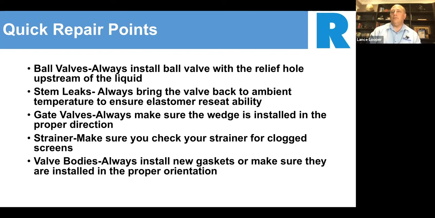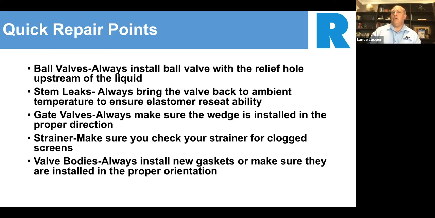Ball valves. Like I said earlier, it's super critical that we install these valves with the relief hole upstream of the liquid. Anytime you install a ball valve, you have to make sure that you have some type of relief port built into that ball. Not to come across as a bomb builder, but if you don't, the valve will explode. As the cryogen sits within that ball, it wants to get somewhere, and if it doesn't have a place to escape, the valve will pop open on you.